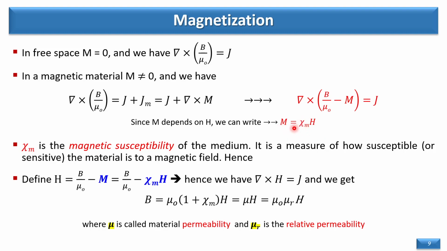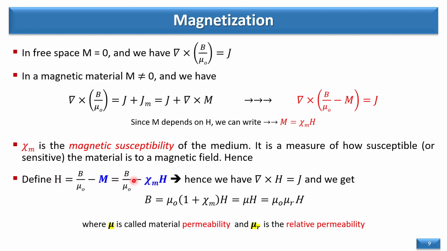So we can just say M equals some constant multiplied by H. This constant is called magnetic susceptibility, psi or psi M. So now we can say that H equals this side, this is Ampere's law, so B over mu naught minus M equals H, or B over mu naught minus psi M multiplied by H equals H.